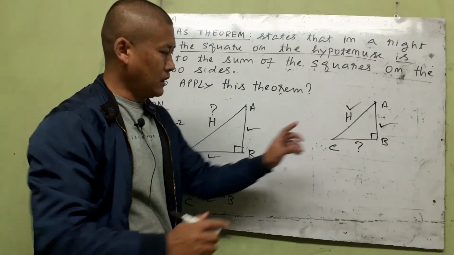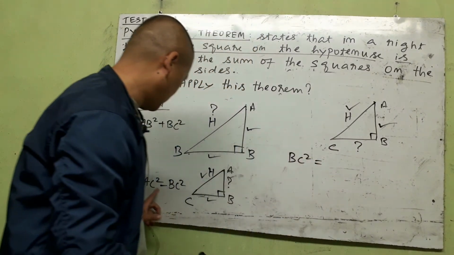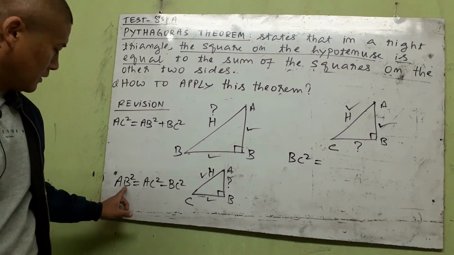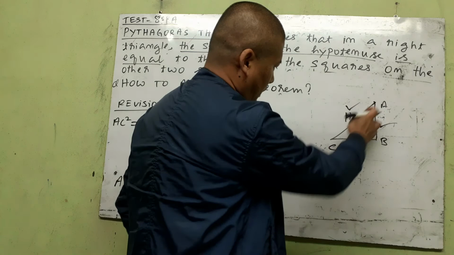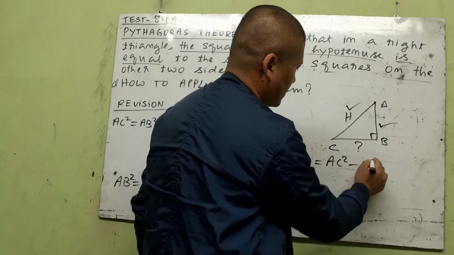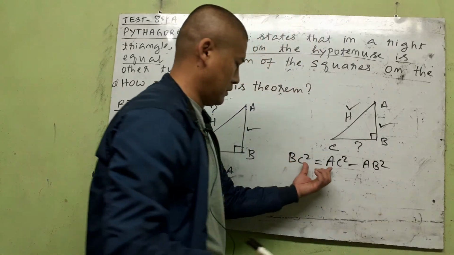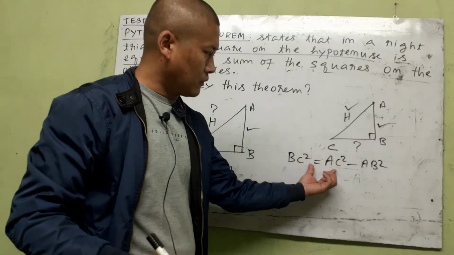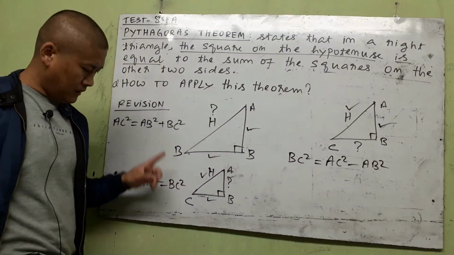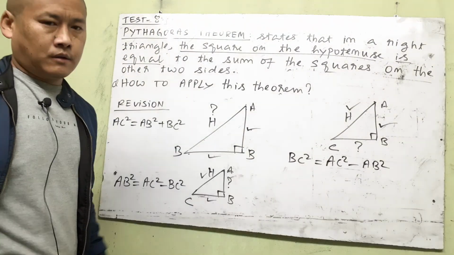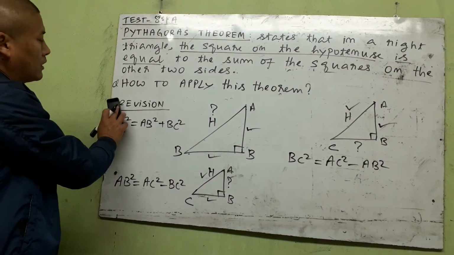Since BC is not the hypotenuse, the equation we'll use here is BC square equal to, writing the hypotenuse first, AC square minus the known side here, AB square. And this is how we'll write the equation to find out BC. These are the 3 possible cases. Be very clear about this, okay? Because we'll be needing it constantly in this exercise 8.1.